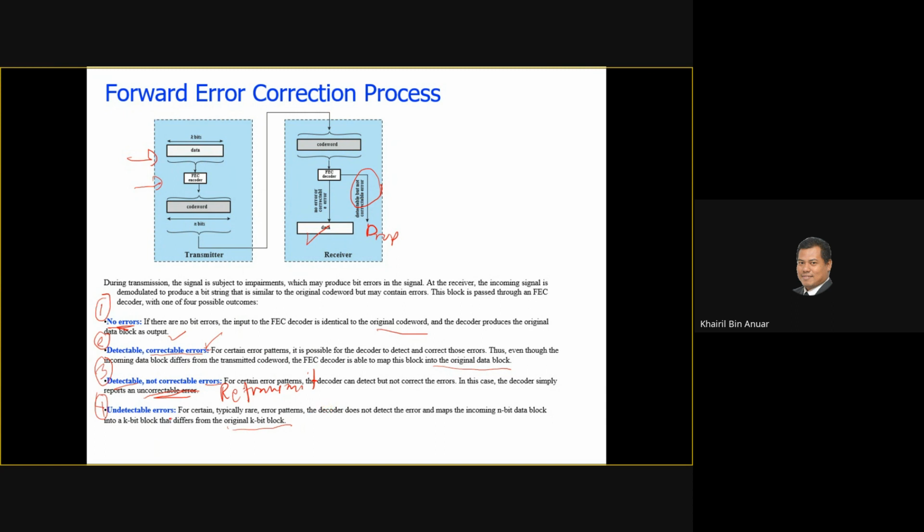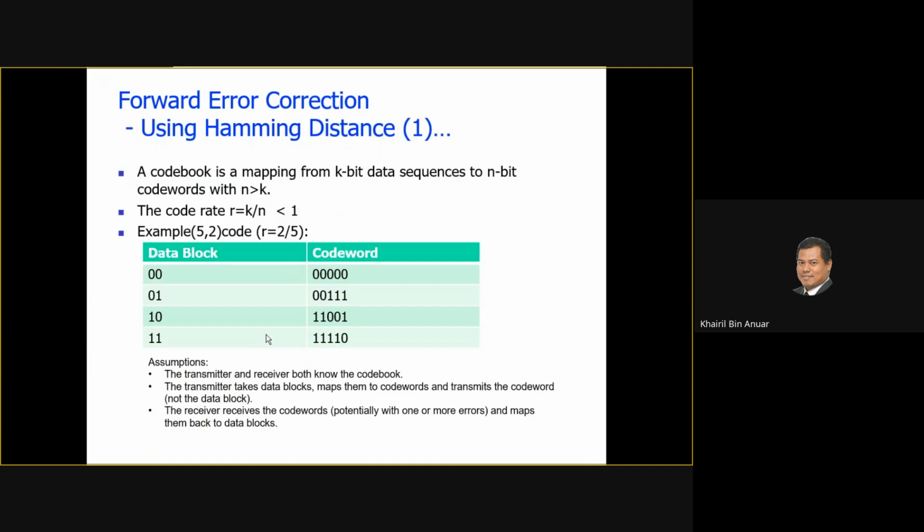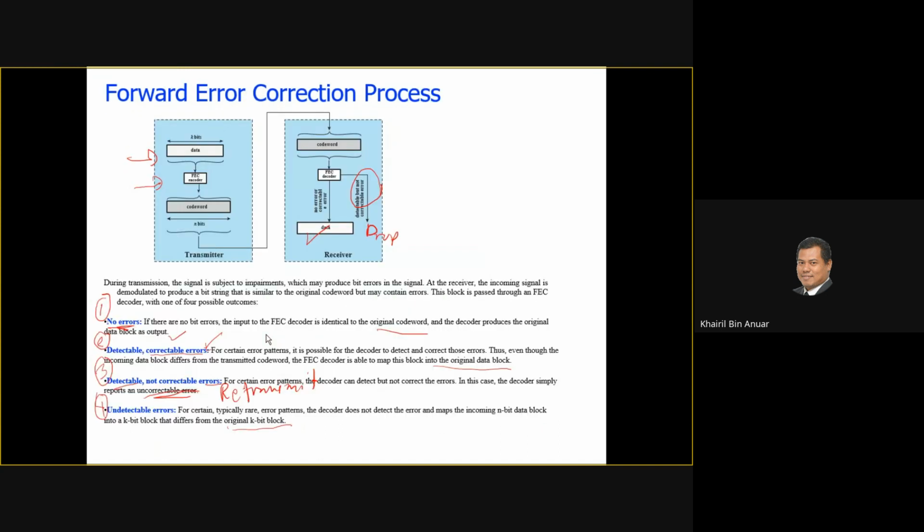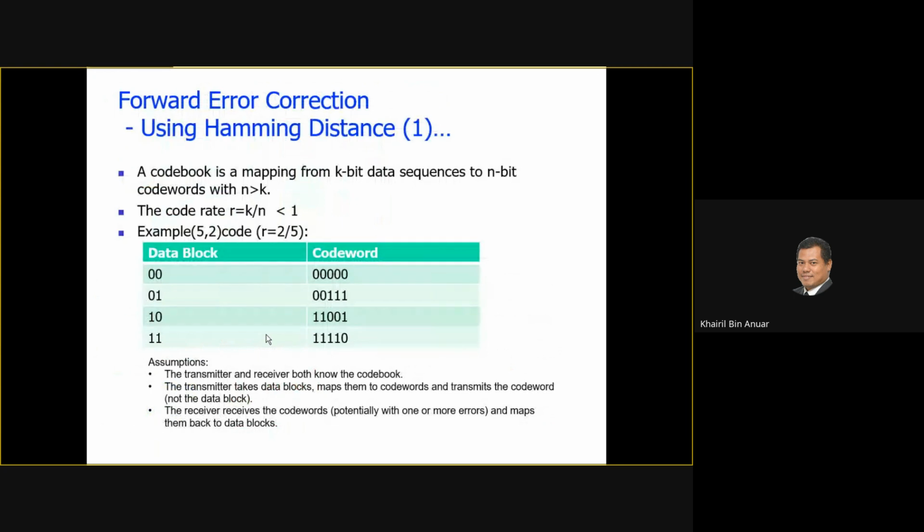You still accept it, but blindly, without any information that this is an incorrect message. These are the scenarios that you can see from the forward error correction process.